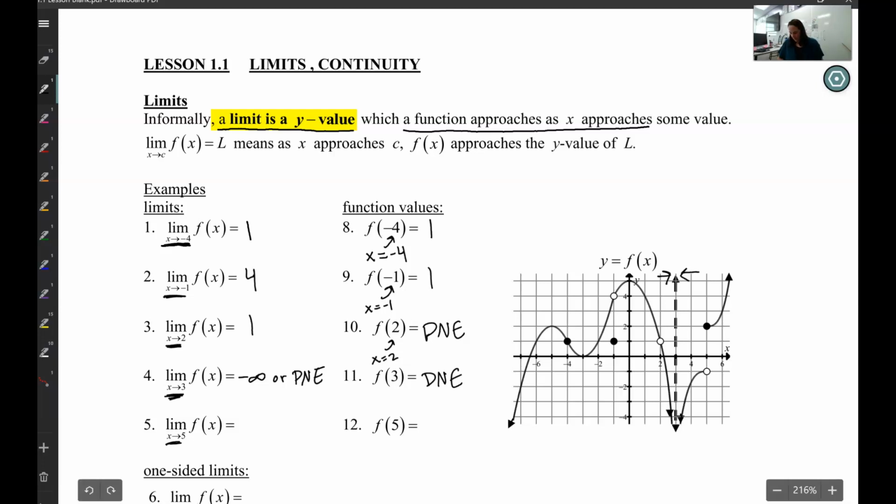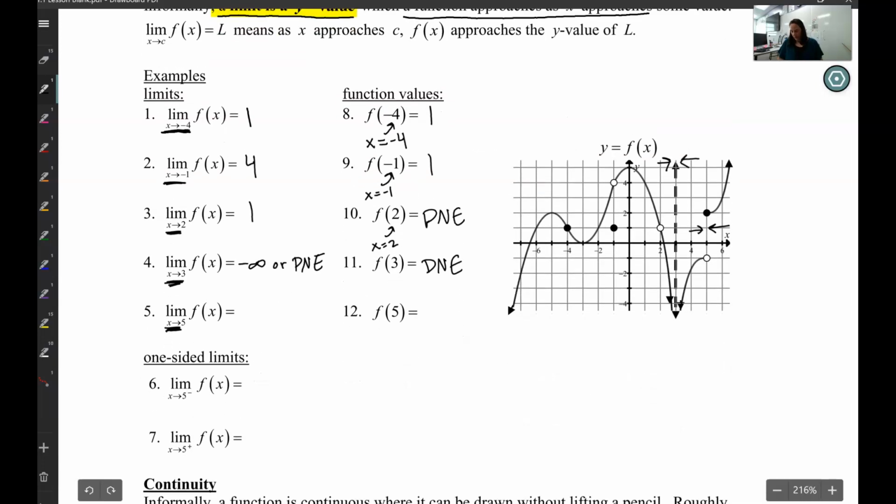Okay, last one. As x gets closer and closer to 5. Now, like I said before, this is from both directions. So if I look as we get closer and closer to 5 from the left, that looks like this point at -1. But as I get closer and closer to 5 from the right, that's up here at 2.